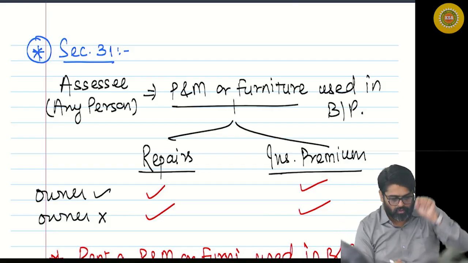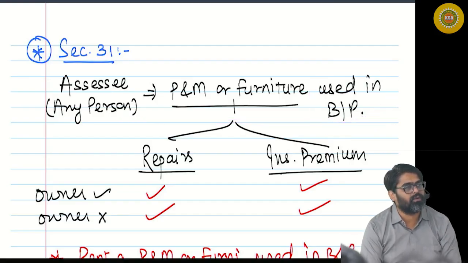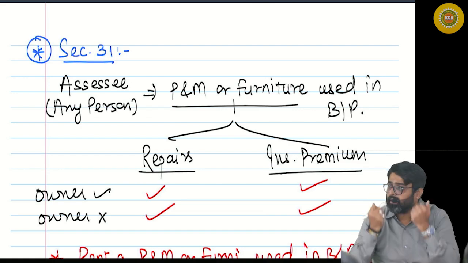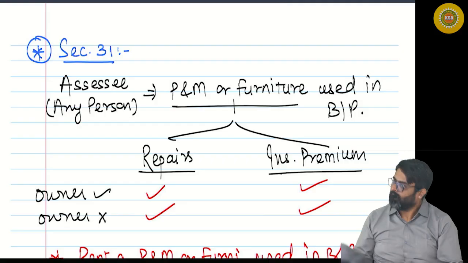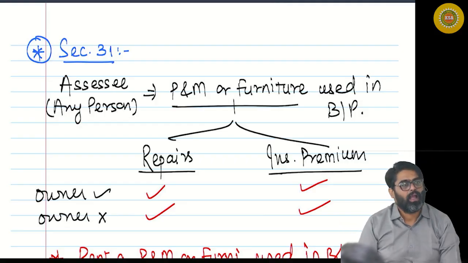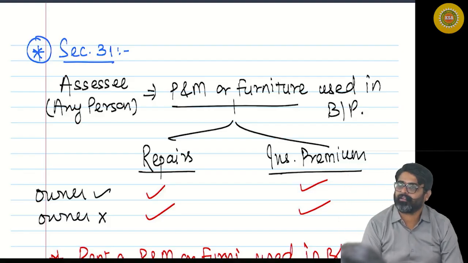Now, in the course of doing your business or profession, you are using this plant and machinery or furniture, that building. So any expense relating to these plant and machinery, furniture, building has to be allowed as a deduction. Some expenses will be allowed specifically under a specific section, and some expenses will be allowed under general deduction 37(1).